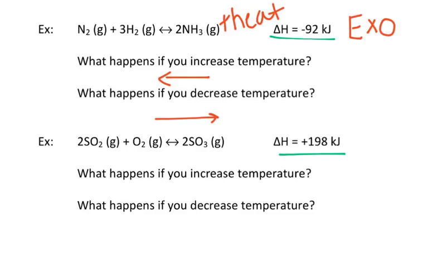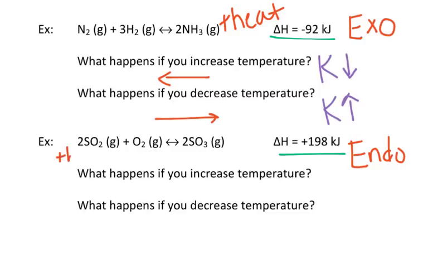Let's look at how that is going to affect K. If we shift to the left, K always goes down. And if we shift to the right, then K is going up. Now for the second reaction, we have a positive delta H value, so that means it's endo. So that means heat is a reactant. So we're going to put heat on the reactant side.